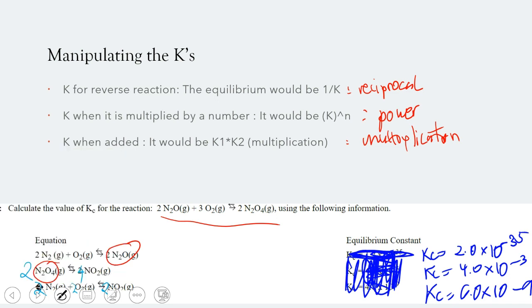Red. So the red, which is the reverse, I'm just going to do its reciprocal. So 1.2 times 10 to the negative 35. Then we're going to add 4.0 times 10 to the negative 3.